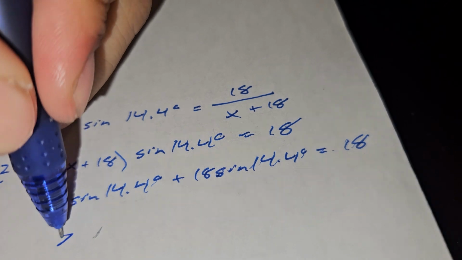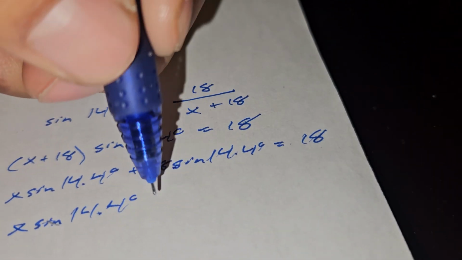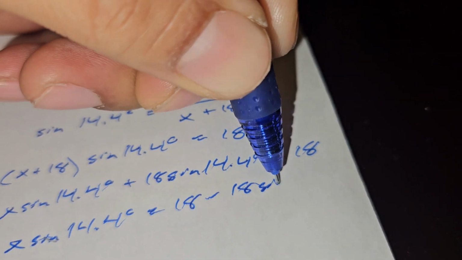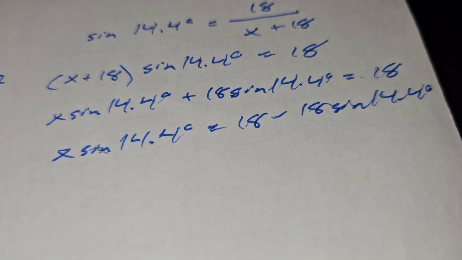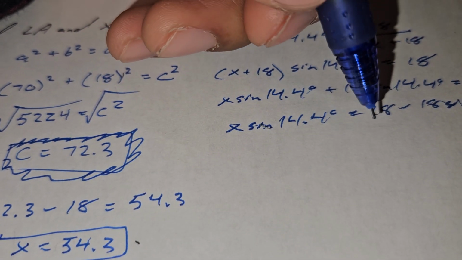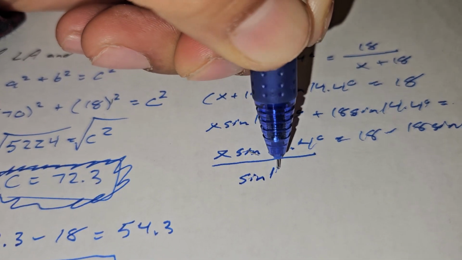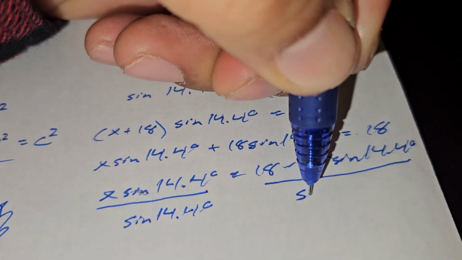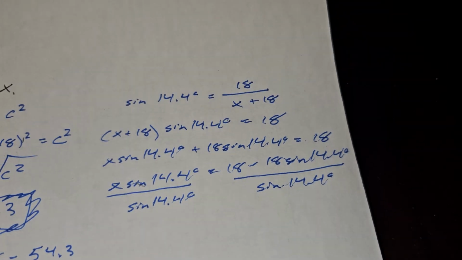Subtract to leave x by itself. x is equal to 18 minus 18 sine 14.4 degrees. That is messy, but you get the idea. Again, we divide both sides by sine of 14.4 degrees.